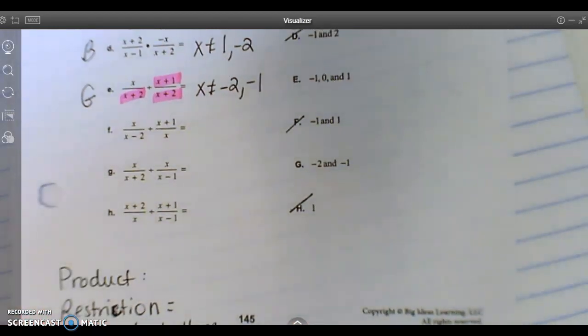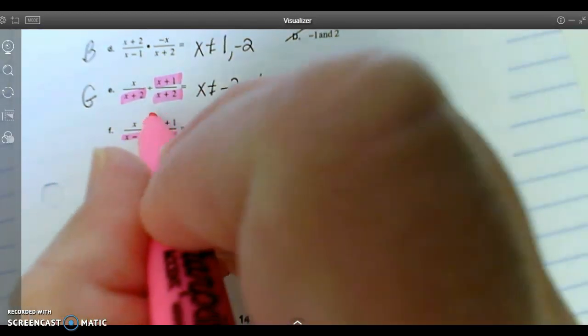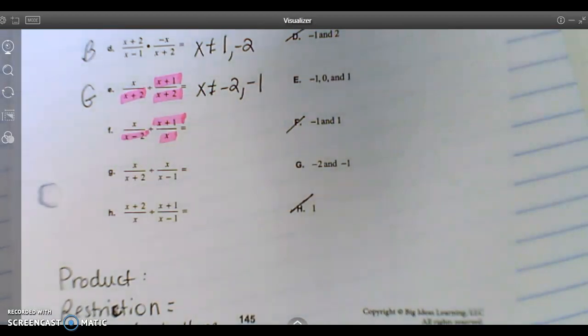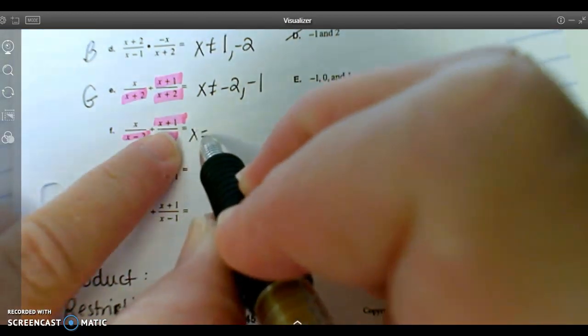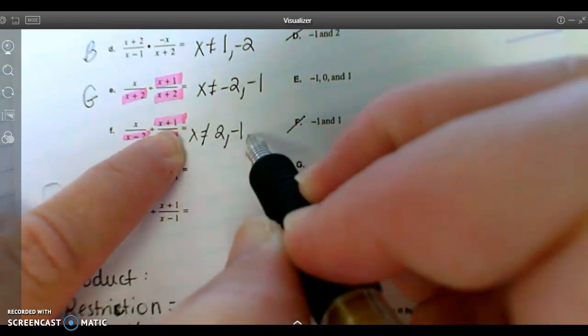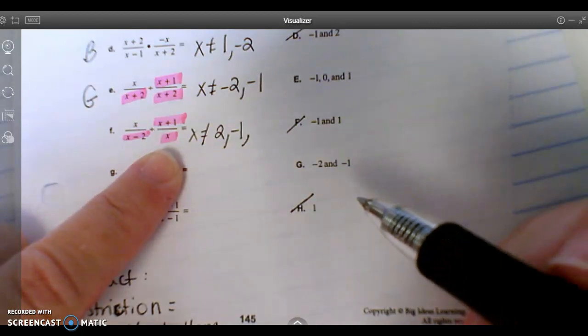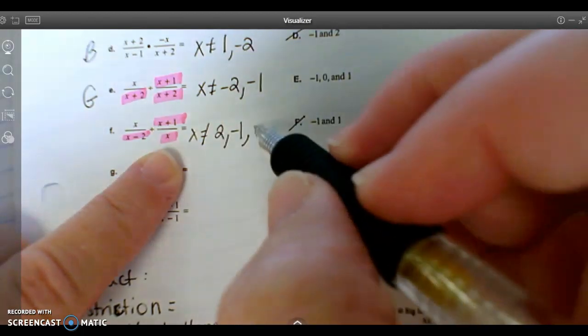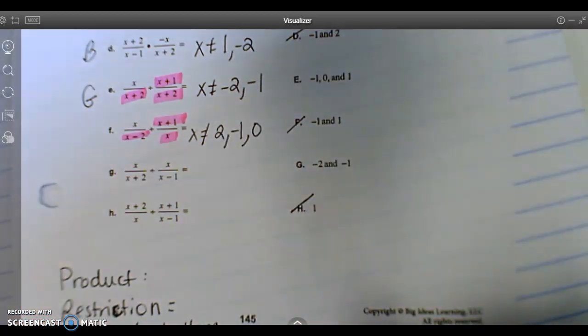Alright, when you're looking at division, remember, it's not just the bottoms. You also have to look at the top of the second one. So you're looking at all three of those parts there. So we're going to have 2, -1, and then when there's just a plain old x, that's 0. Okay? I didn't write down what that was.